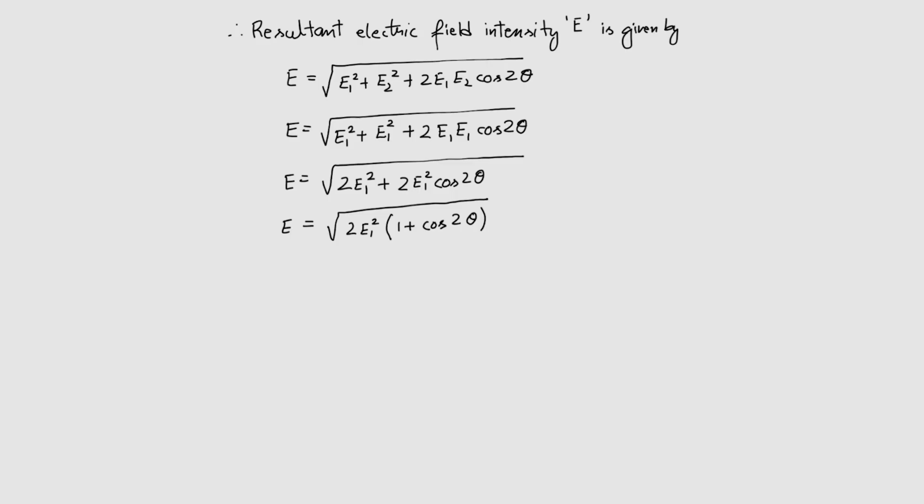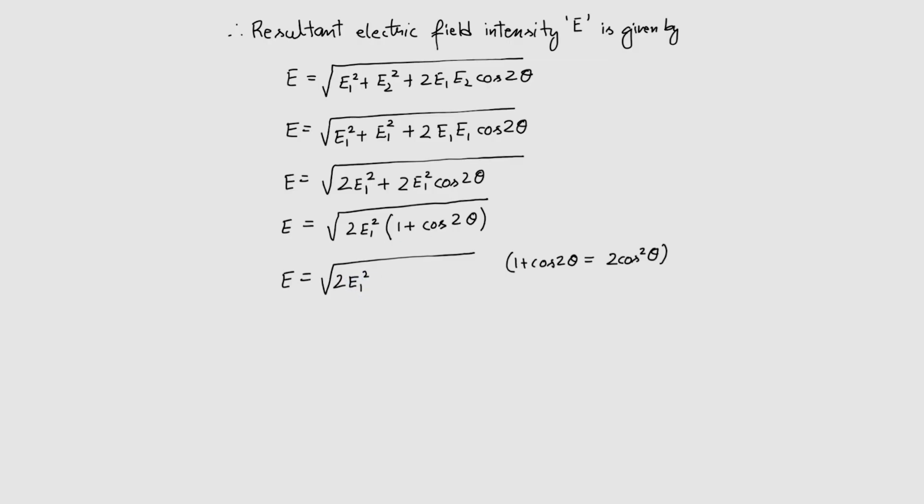From trigonometry, we know that 1 plus cos 2 theta is equal to 2 cos square theta. This is a formula that you learned from maths, from trigonometry. So E is equal to root over 2E1 square.